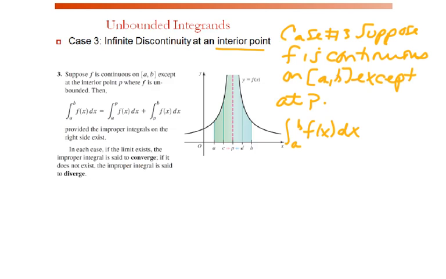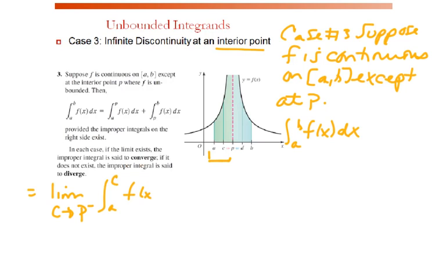We're looking at a point of discontinuity at p, so we're going to break this into 2 limits. We're going to look at the limit as c approaches p from the left-hand side. Now we're looking at this piece. Make sure you can see that's the c.